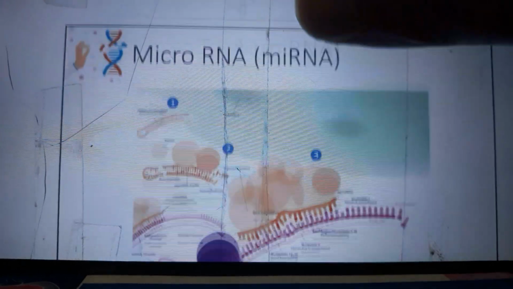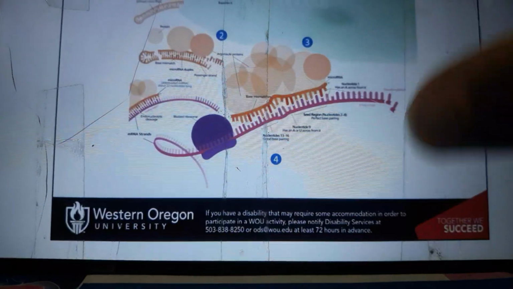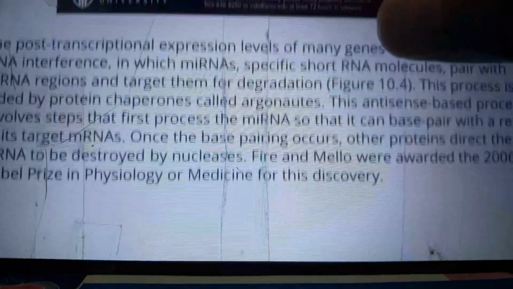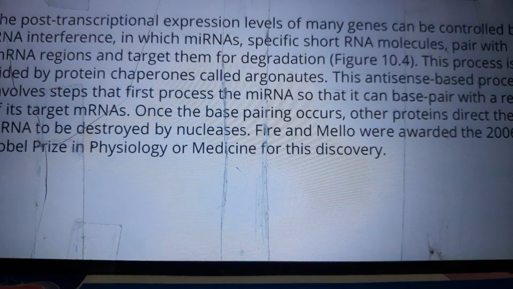And this is microRNA, miRNA. The post-transcriptional expression levels of many genes can be controlled by RNA interference, in which miRNA-specific short RNA molecules pair with mRNA regions and target them for degradation. This process is aided by protein chaperones called Argonautes.